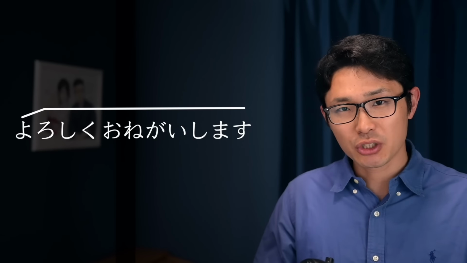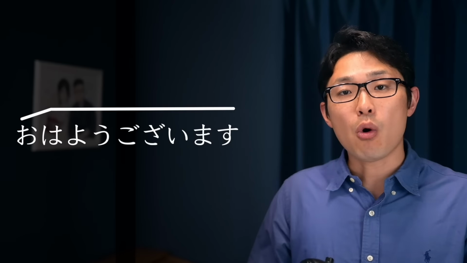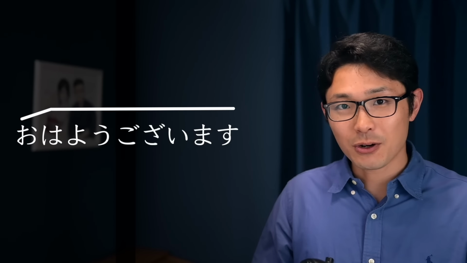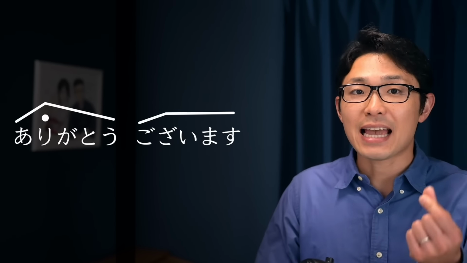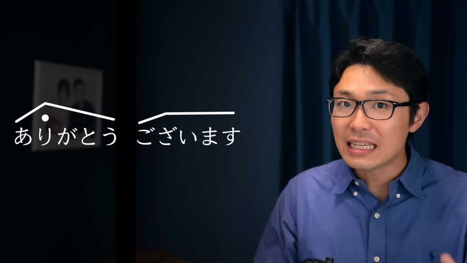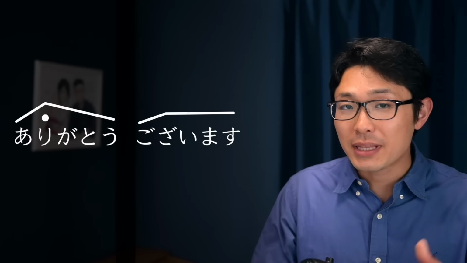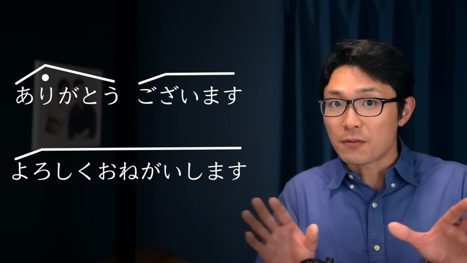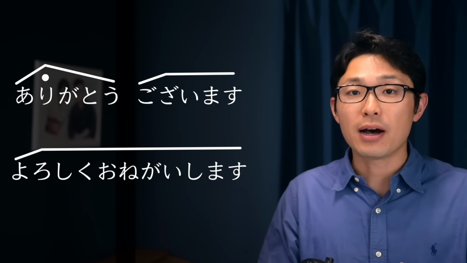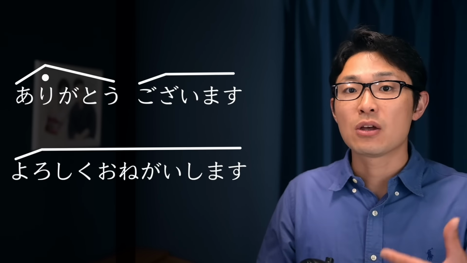Say, よろしくお願いします. Same when you say, おはようございます. But when you say ありがとうございます, since ありがとう has the accent, this unification doesn't occur. So that's why when I say ありがとうございます, I have divided the phrase into two accents, but よろしくお願いします, I treat it as one accent phrase.